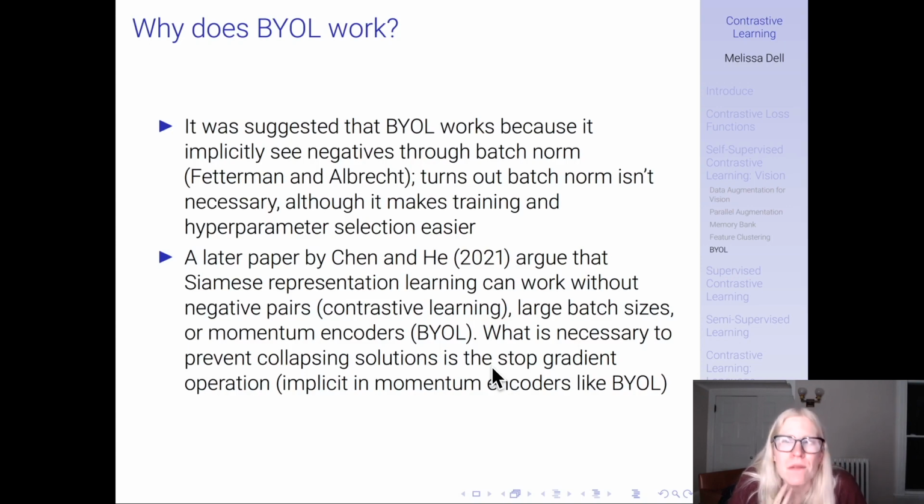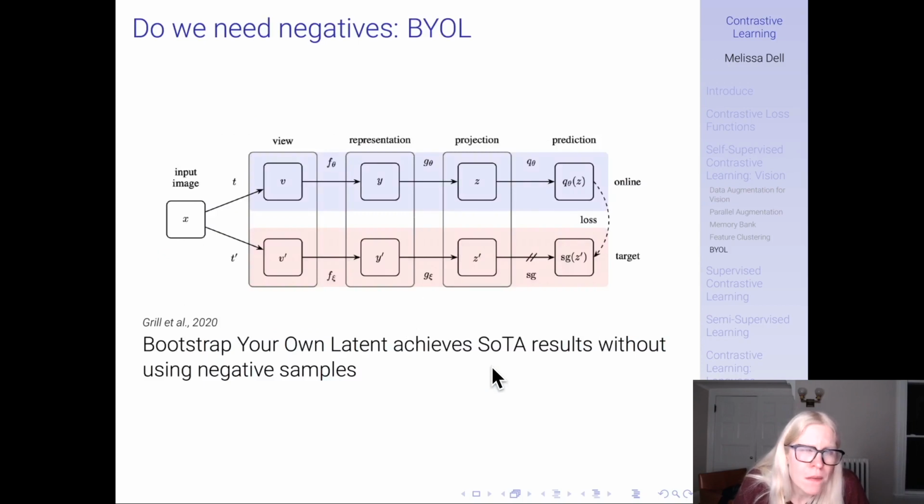And you don't need negative samples to avoid collapsing. You don't need large batch sizes. You don't need a momentum encoder, but you need the stop gradient operation. And kind of the intuition for that is that the target network here is updated as a very slow moving average of the online encoder.